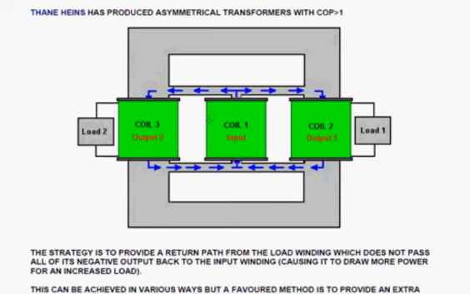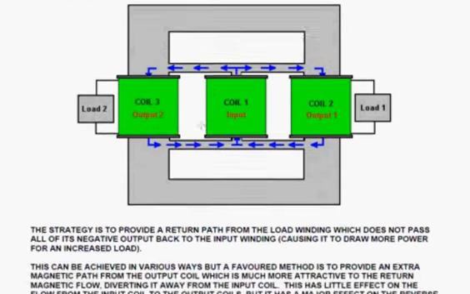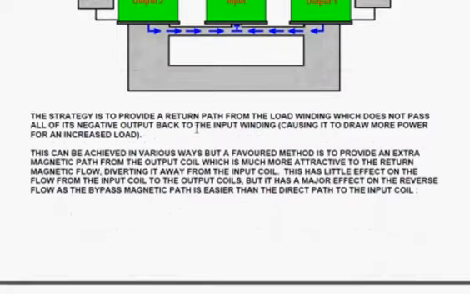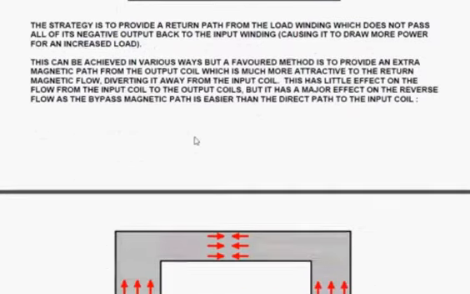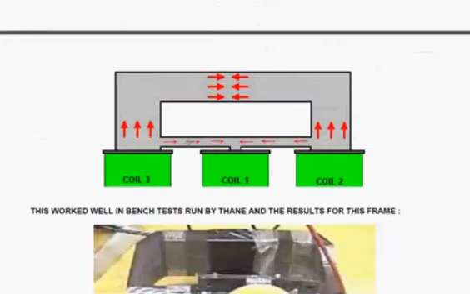Now that's a relatively ineffective way of doing it. So what you do instead is you notice that when the coils are pulsed, they work fine on the first half of your sine wave, and your problem occurs on the second half of the sine wave because you get feedback from the output coils to the input coils.